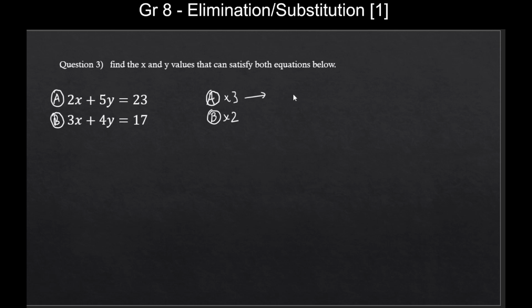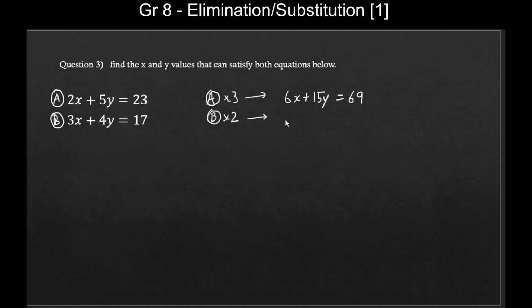Then if we multiply equation A by 3, it's gonna be 6x plus 15y equals, what is 23 times 3? 69, right? What about the second one?